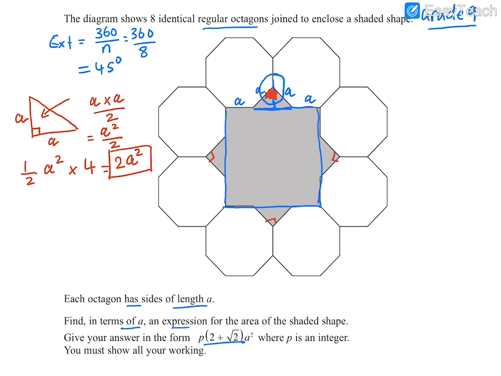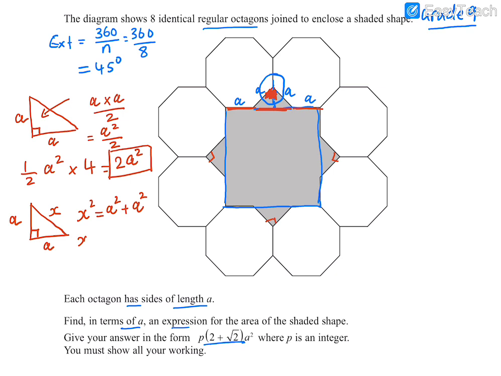Now let's focus on the square. We have A at the top and A over here, but we don't know the length of that triangle's side, so we can take that triangle again. That is 90 degrees, that's A and that's A. We're going to call this X. Using Pythagoras' theorem, X squared equals A squared plus the other side squared, which in this case is also A squared.